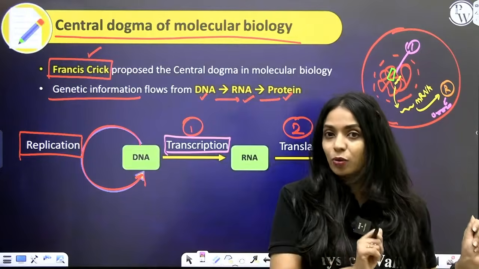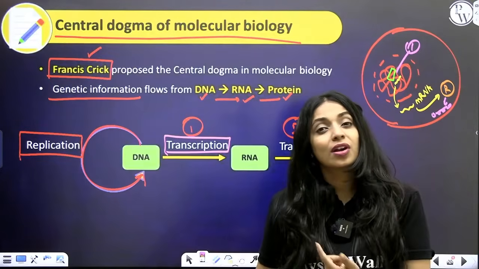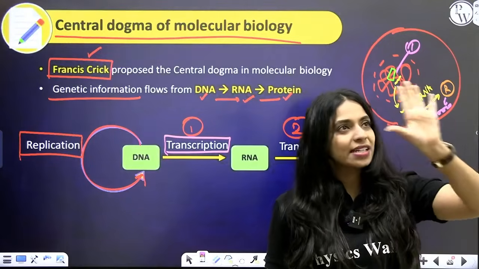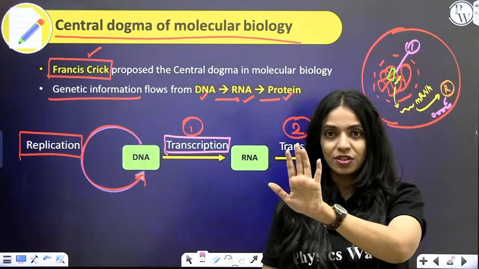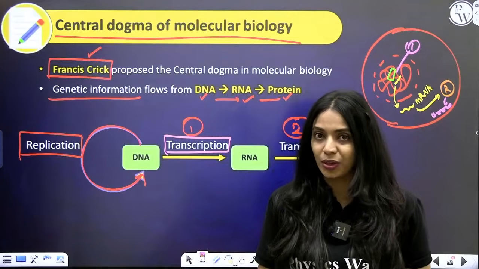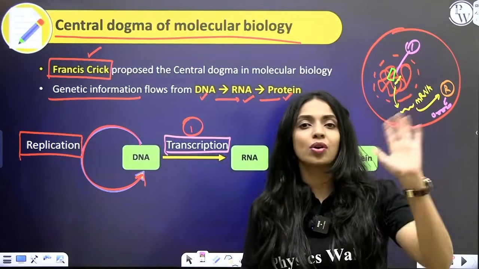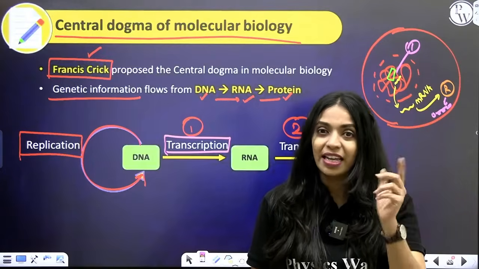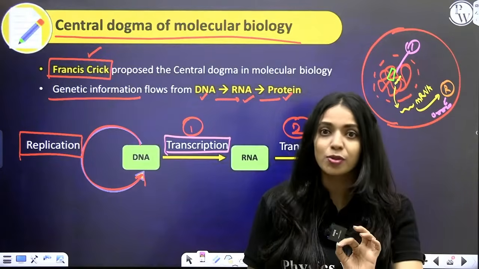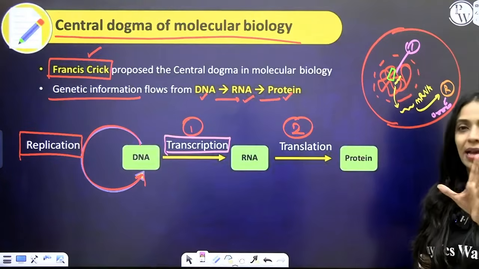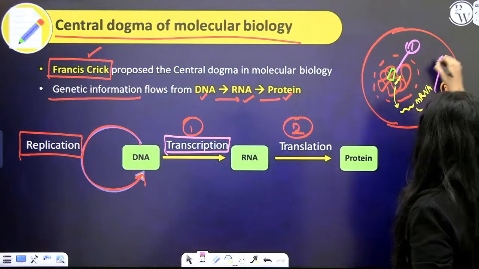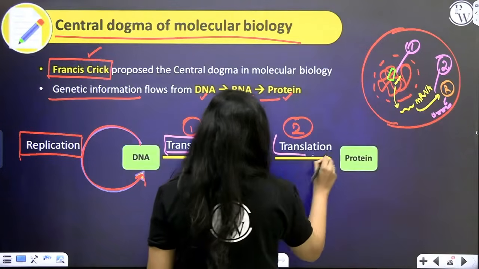That message can be read only by the ribosome. For the translation of that message, it goes to the ribosome. The ribosome reads the message, and according to the message, it simultaneously synthesizes a protein. That protein goes on to do its job. The process by which the message in RNA is translated by the ribosome and simultaneously a protein is synthesized is called translation. That is the second step.